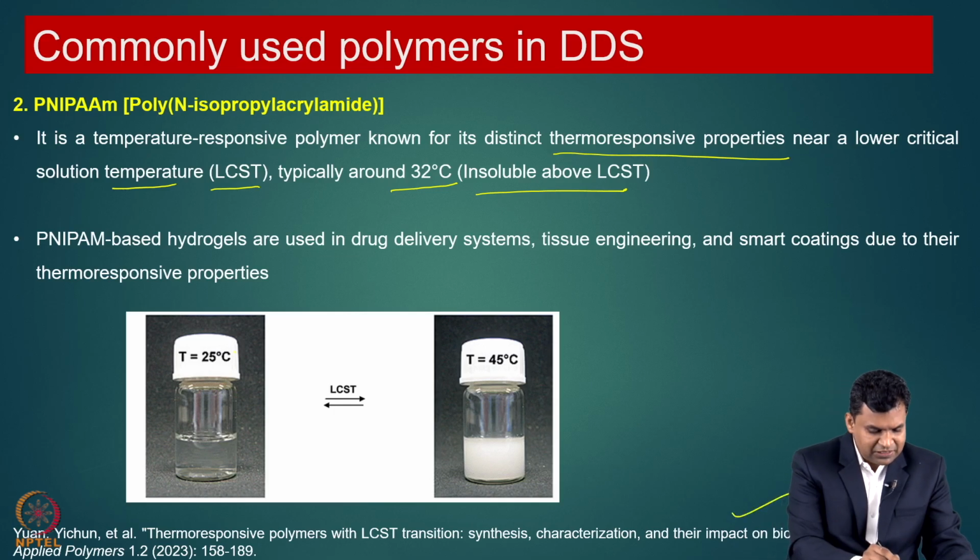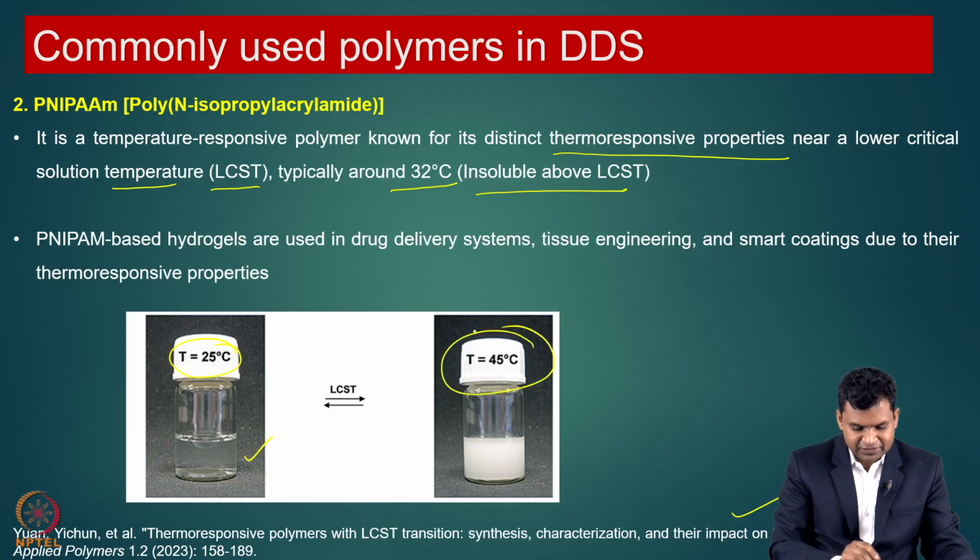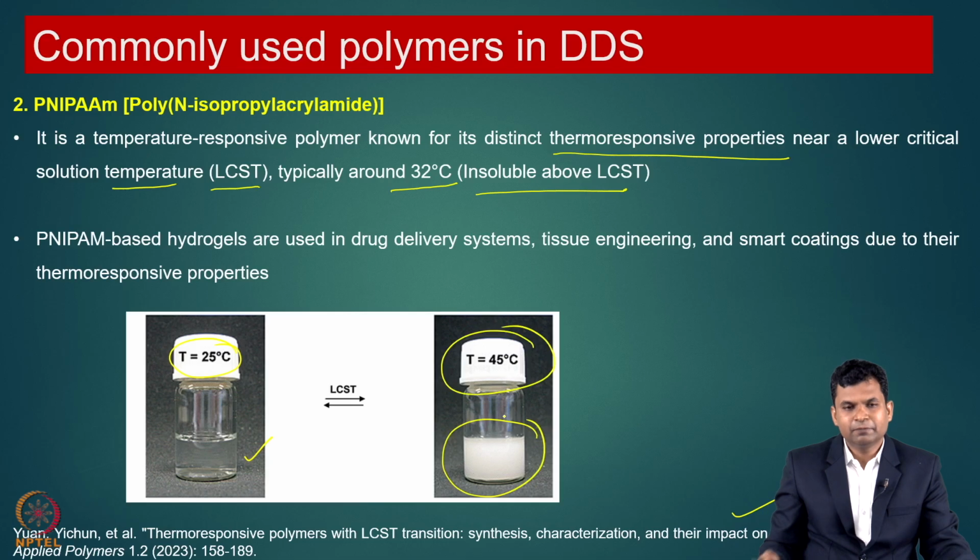Here you can see at a temperature of 25 degrees centigrade, the solution is very clear, that is, soluble in the medium at low temperature. When you increase the temperature from 25 to 45 degrees centigrade, now you see there is a change in the appearance. There is a physical change in the appearance which is required for targeting systems.